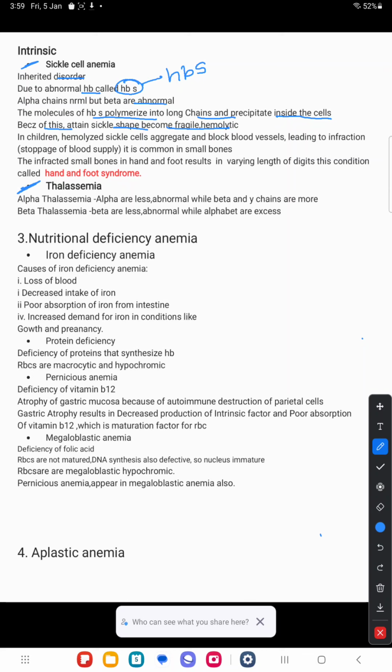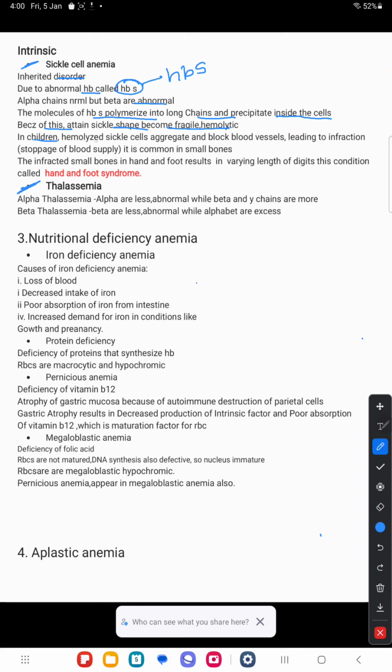The sickle shaped RBCs get stuck in the blood vessels that supply the bones or the organs, causing infarction, meaning there will be no blood supply to certain organs or bones where the blockage is caused by these fragile, sickle shaped RBCs. So there will be a problem in certain organs and bones where there is aggregation of these sickle cells.